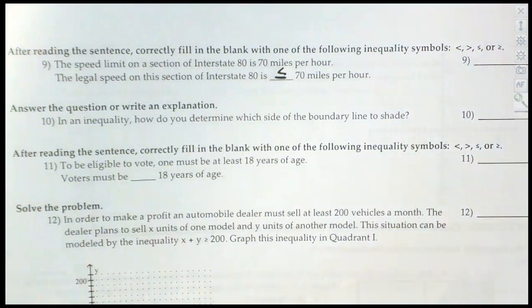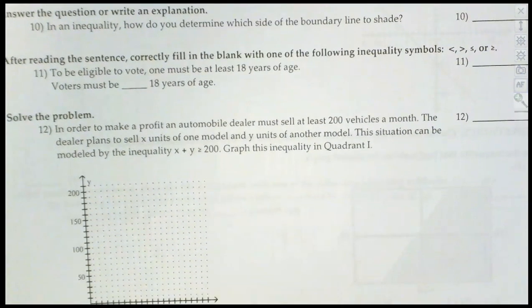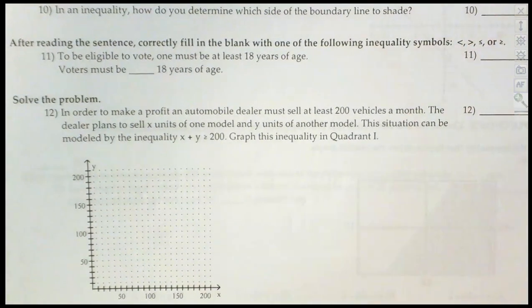Let's do one more just to make sure. Question 11. To be eligible to vote, one must be at least 18 years of age. So voters must be blank 18 years of age. Well, if you want to fill this in, what do we know?